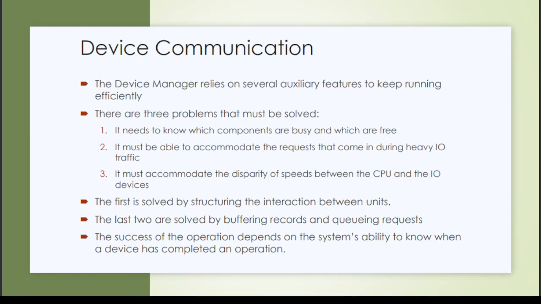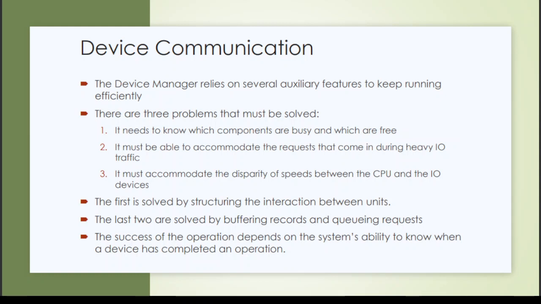Communication between devices. The device manager relies on several auxiliary features to keep running efficiently. The devices mainly communicate using device managers. There are three problems that must be solved.